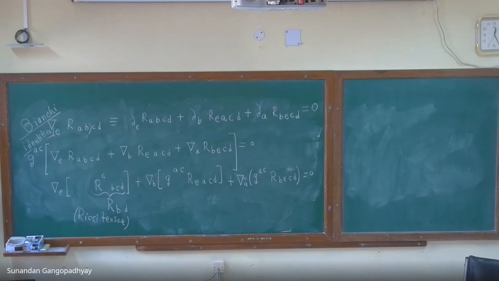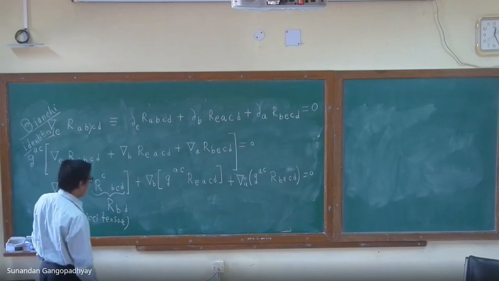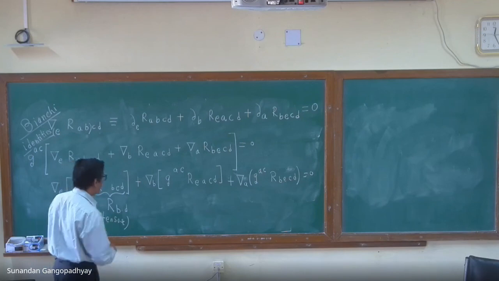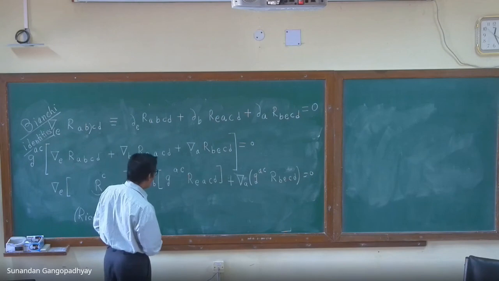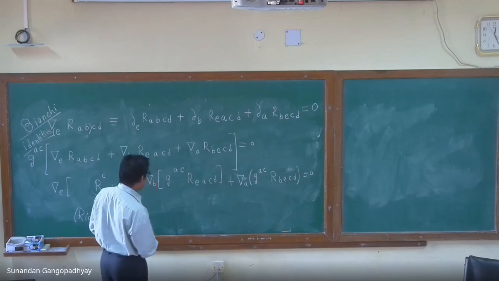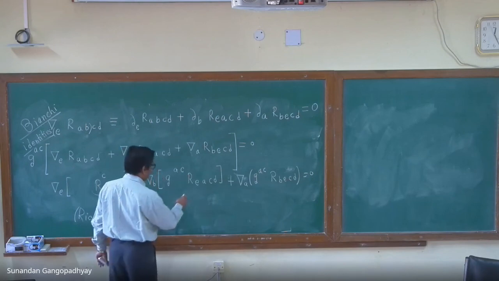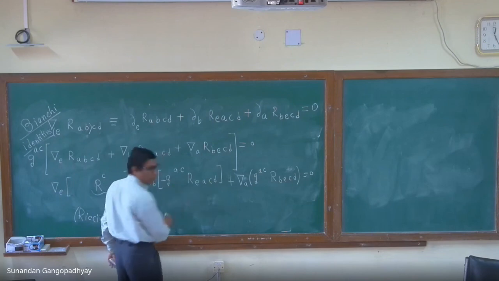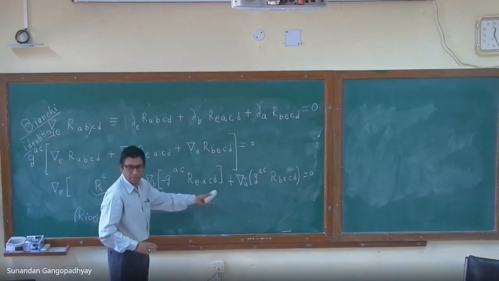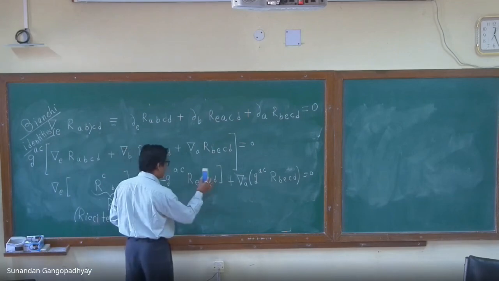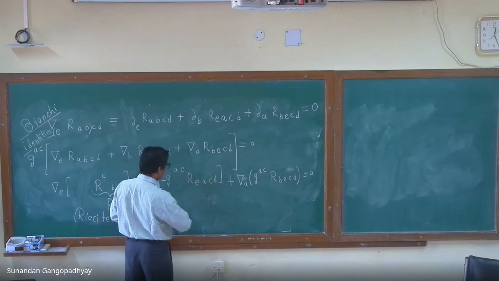Minus of R_BD. Minus of R_BD. Minus of R_E, you also post it. Minus R_E. The whole thing will be minus R_E. I will exchange it. So you want me to change it, right?